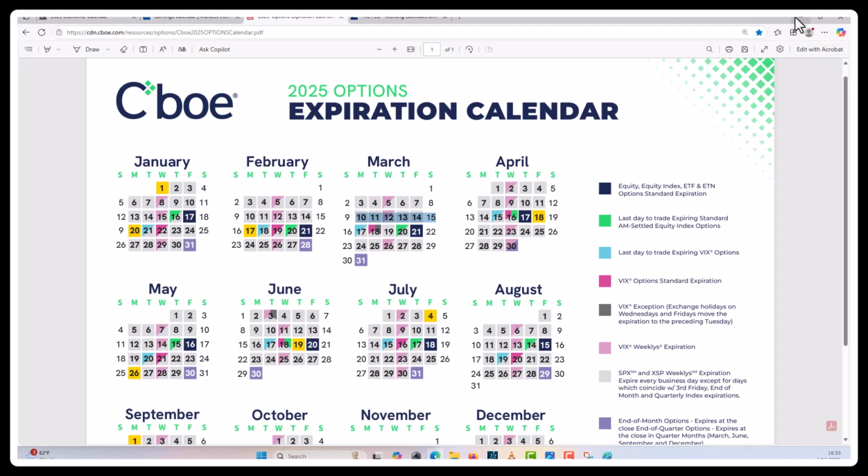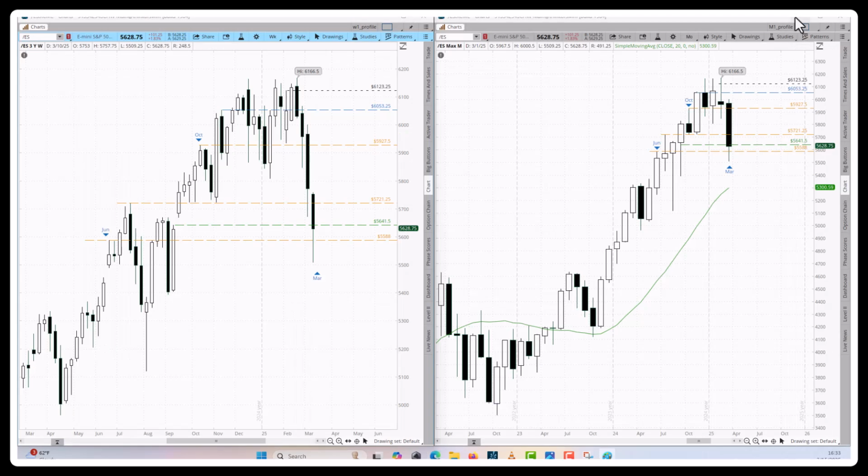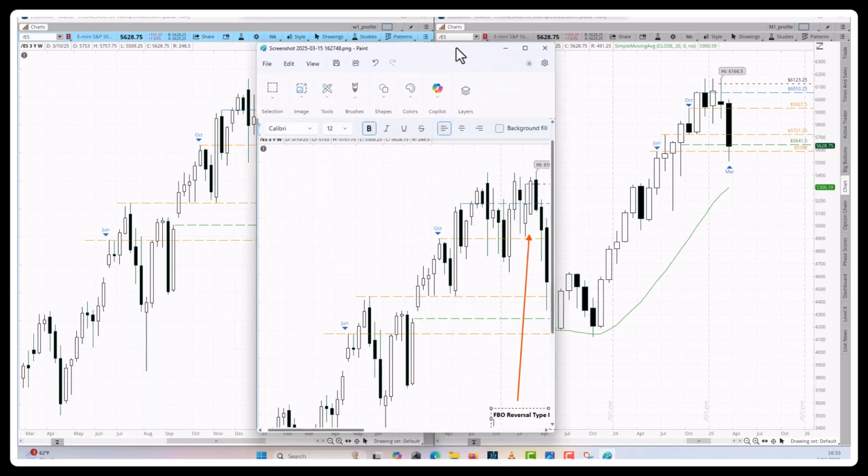Yeah, week 8 right there. February 17, week 8. It breaks down this level. Let's see on the daily. So week 8, February 17.